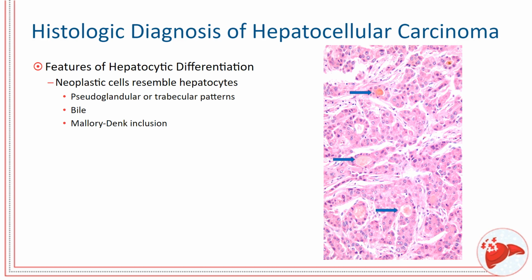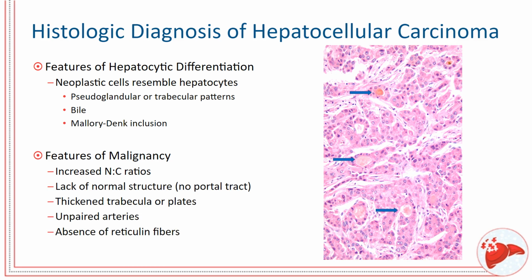And secondly, this is a malignant neoplasm, which means they show more malignant features like invasion, like increased NC ratio, and also show features that are lacking in the normal parenchymal background. For example, loss of reticulin framework and loss of the normal portal tract.